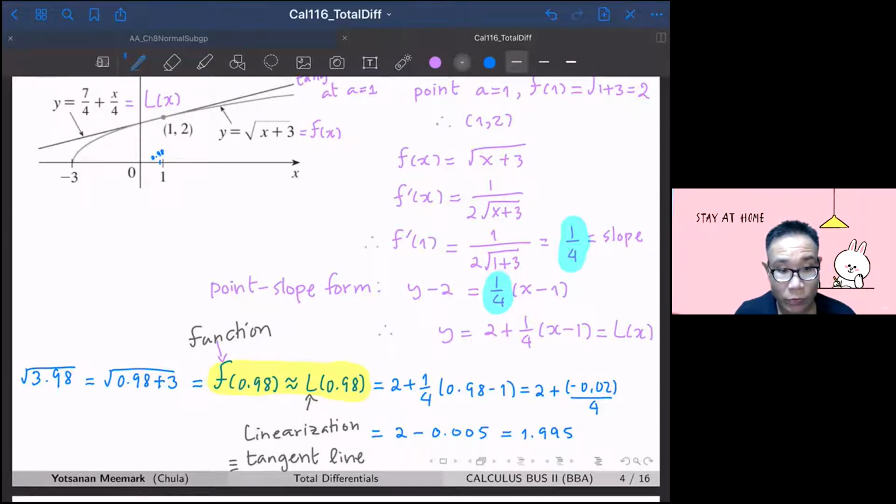So this one is just the tangent line and this one is just the function. This allows us to find the approximation by using the tangent line.